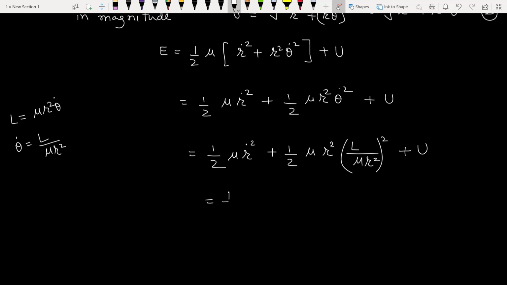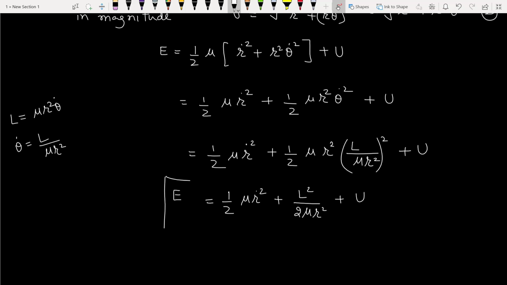This term comes out to be half mu r dot square. This is the kinetic energy term, and when we solve the next one, it is L square upon 2 mu r square. It is centrifugal potential energy. This is gravitational potential energy.